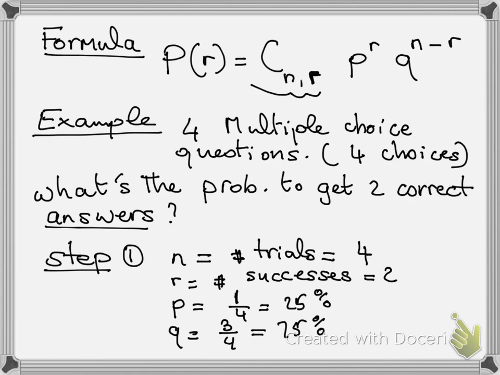Now, in step 2, we can answer the question, what's the probability to get 2 correct answers? That's the probability that r, the number of successes, is 2.